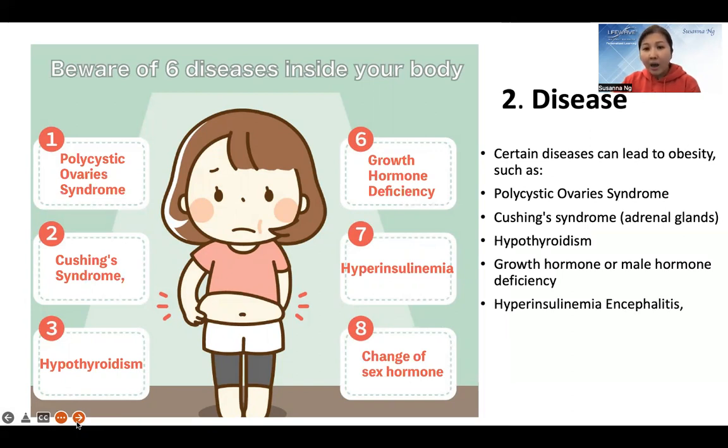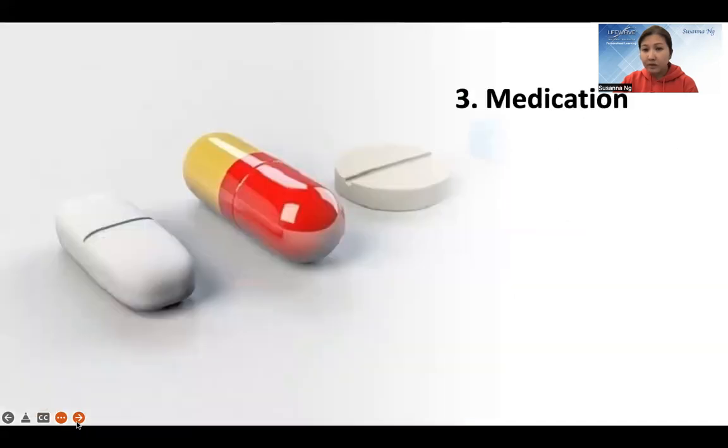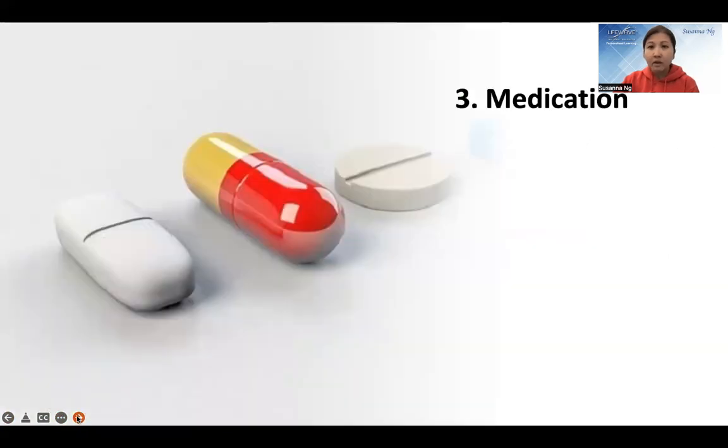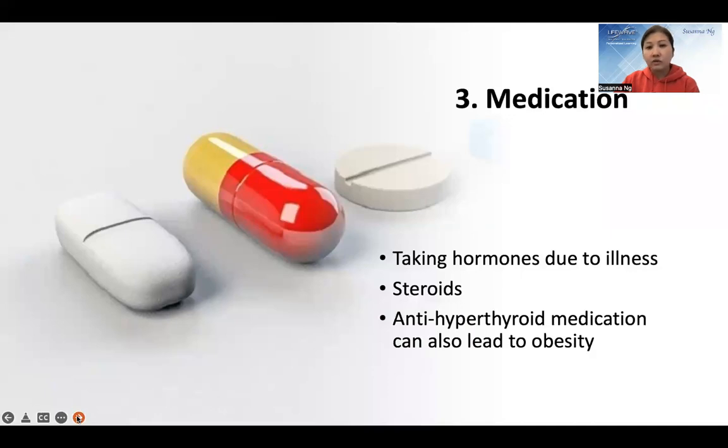Also, hyperinsulin receptors, brain trauma, hypothyroidism, and also the multi-oocyte environment will also cause disease and increase our obesity chance. Taking hormone medication due to illness, steroid medication, and also some anti-hyperthyroid medication can also lead to obesity.